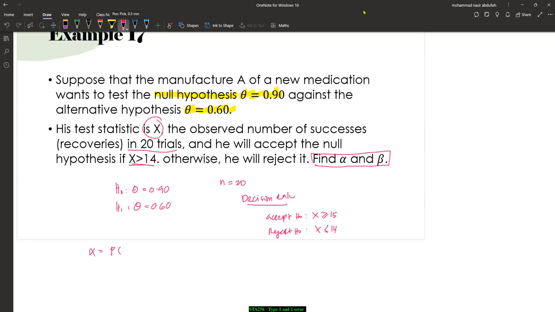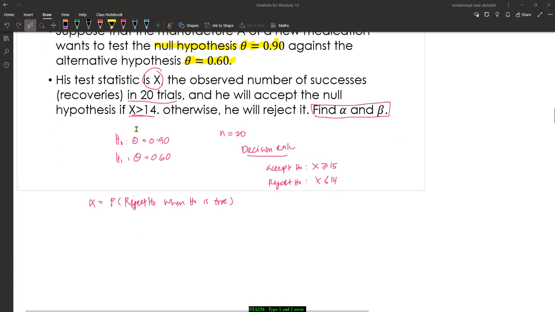What we want to know is the probability of rejecting the null hypothesis when the null hypothesis is true. So this is by definition, the probability of rejecting the null hypothesis when the null hypothesis is true. This is the definition for alpha.